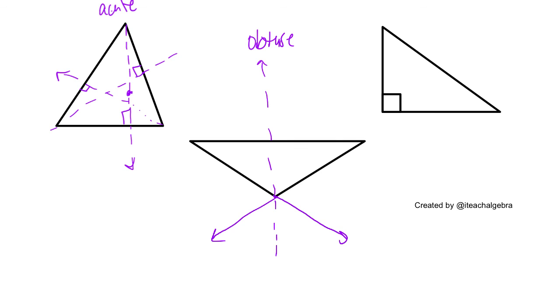So to get a 90-degree angle, we'd have to go down here and up here. So here is our orthocenter. And for a right triangle, that's 90 degrees, that's 90 degrees, and that's 90 degrees. So our orthocenter is there on the corner of the right angle.